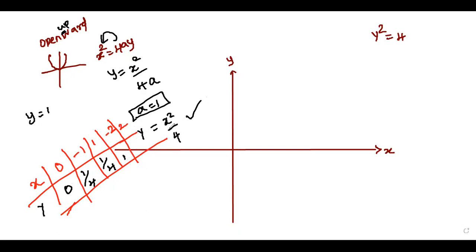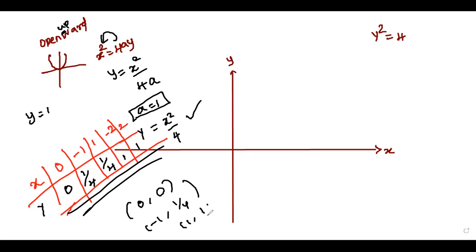Again, if you substitute 2, you will still have the same answer, which is 1. So if you notice, you're having the output as positive. All of your answers are positive: 0, 0, negative 1, 1 by 4, 1, 1 by 4, negative 2, 1, 2, 1.